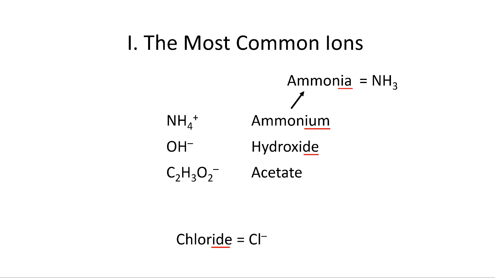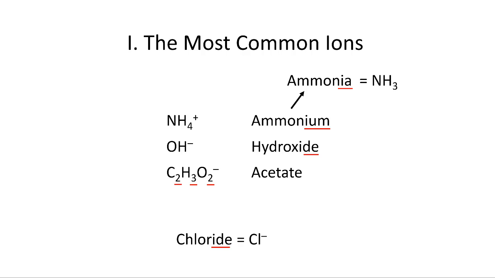The last of these most common polyatomic ions is the acetate ion. In a way, acetate ion is one of the most complicated of the polyatomic ions that you need to learn because it has 3 elements instead of just 2. One thing that makes it easier is that it is pretty common, so you will see it often, and that will help you memorize it. To help you memorize acetate, it is helpful to remember this pattern of 2, 3, 2 that you see in the formula of the polyatomic ion.